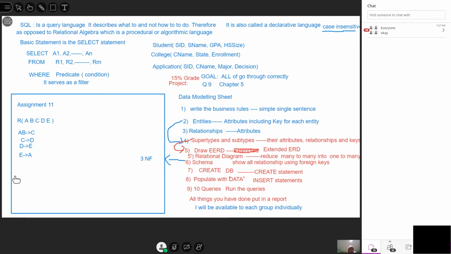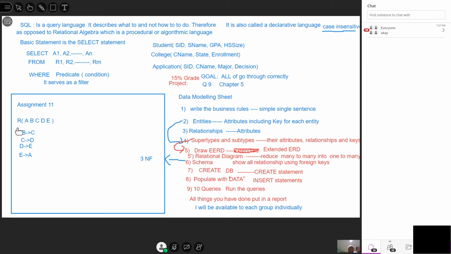The first thing we want to find out is what the keys are. If you look at the right-hand side, there's no B, so B is going to be part of every key.